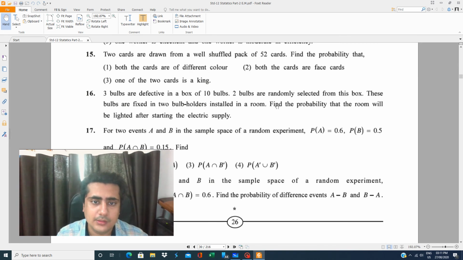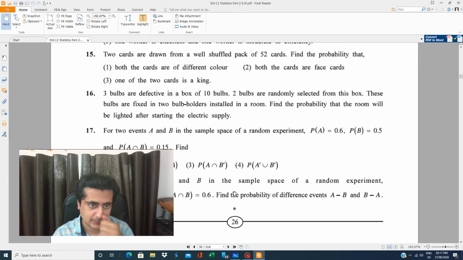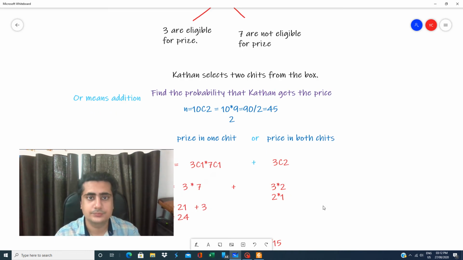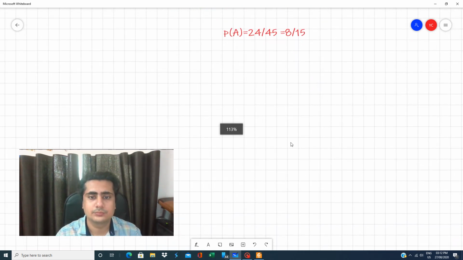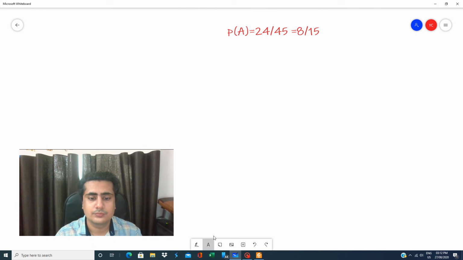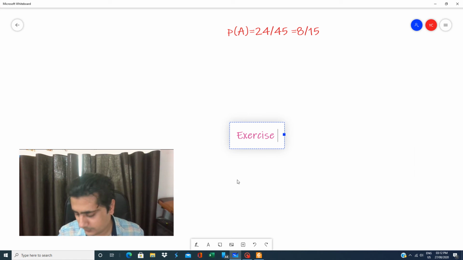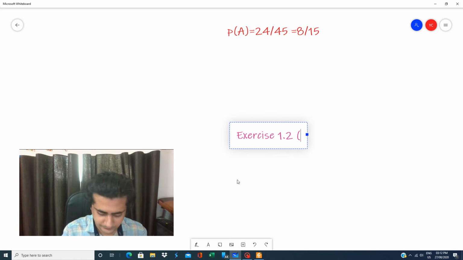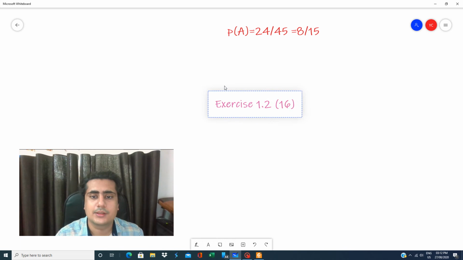We'll be doing sum number 16 from exercise 1 point 2.